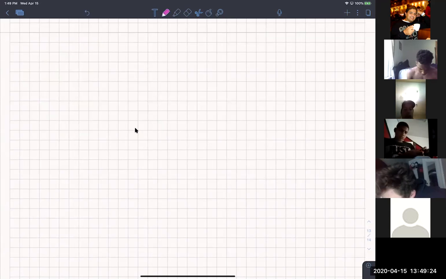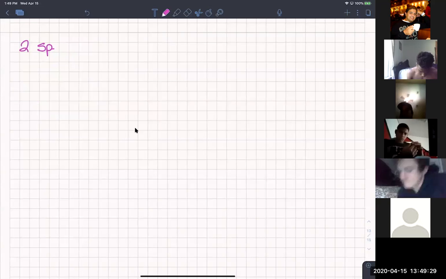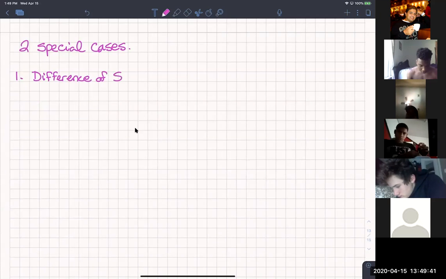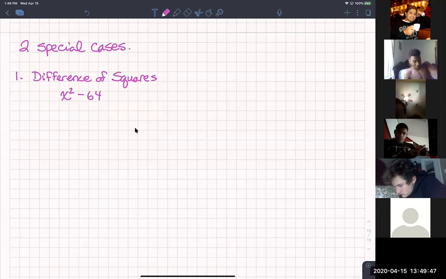When we talk about factoring, we talked about two special cases. The first one was a difference of squares, and it's basically the binomial multiplied by its conjugate.